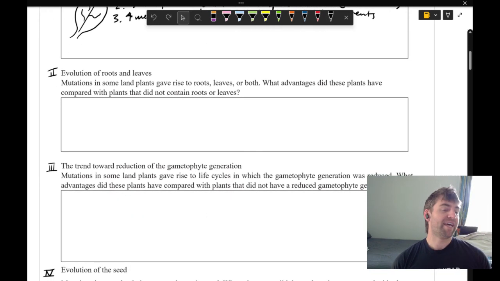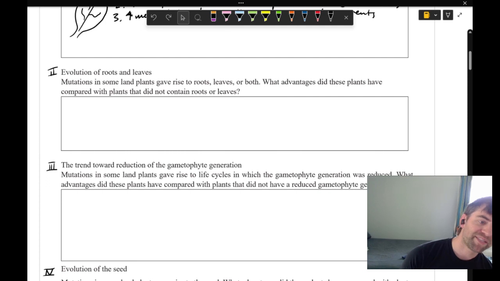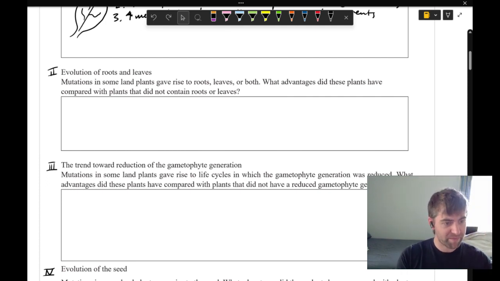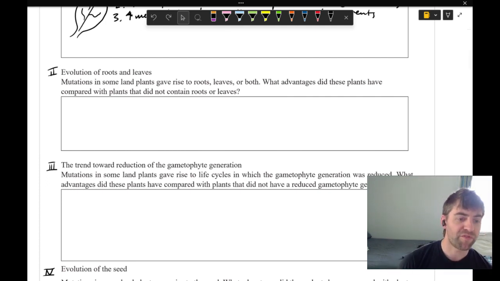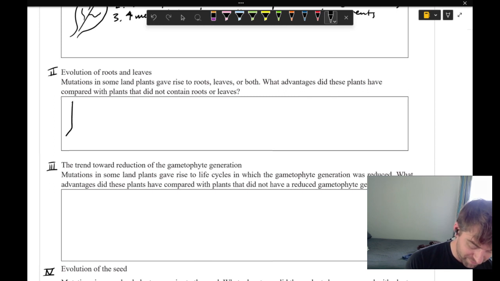Evolution of roots and leaves. Mutations in some land plants gave rise to roots at the bottom and leaves, or both. What advantages did these plants have compared with plants that did not contain roots or leaves? Roots are really nifty. First things first, let's do a little illustration.